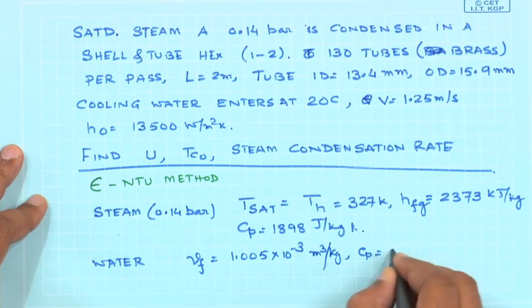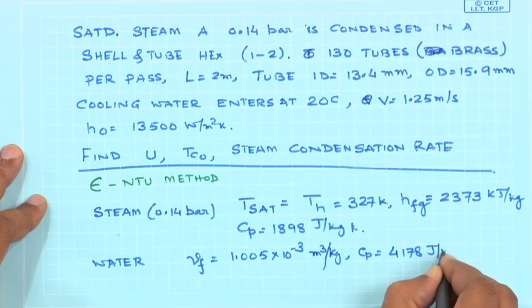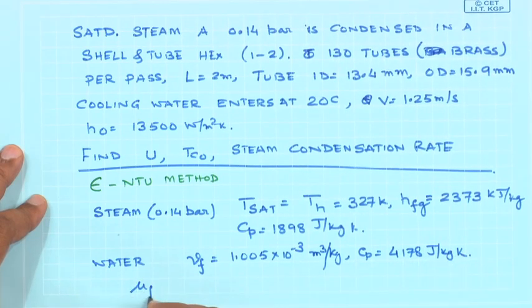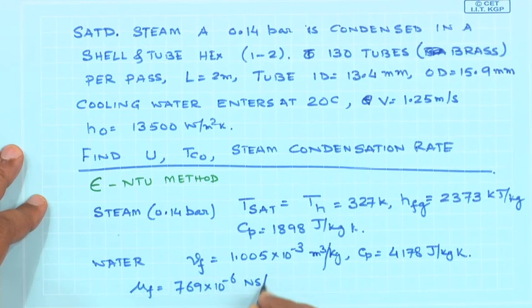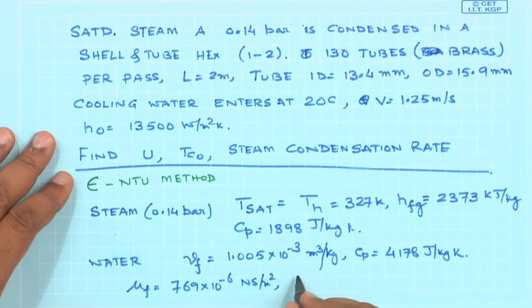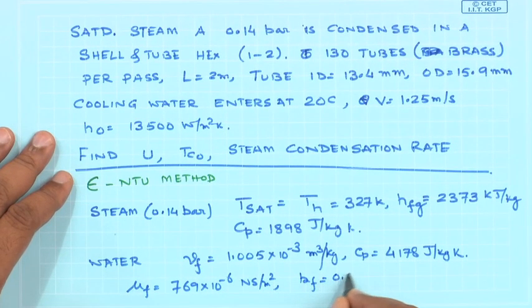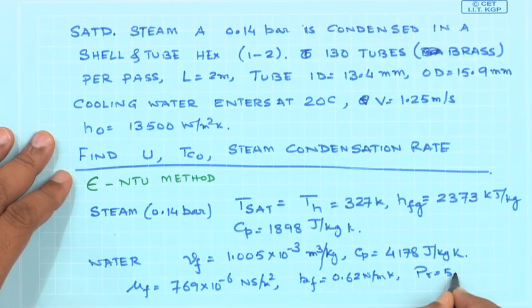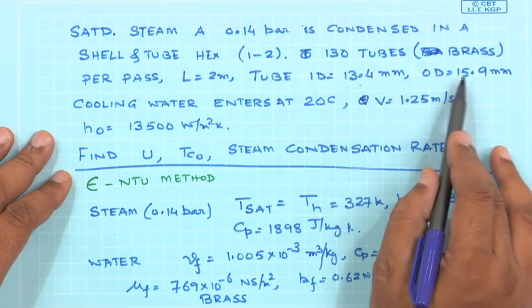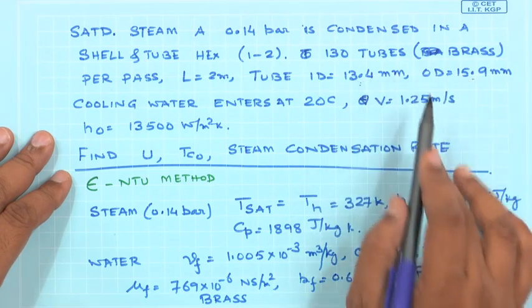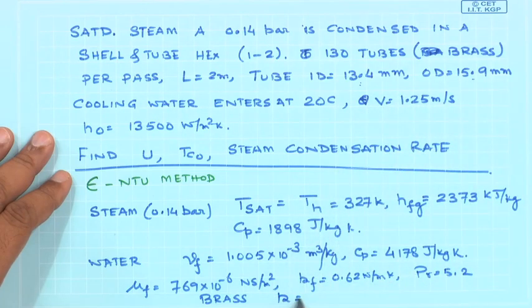The value of Cp, the viscosity, the thermal conductivity, the Prandtl number, and brass, which is the material of construction of the tube, and there is significant thickness of the brass. It is not a very thin tube. The thermal conductivity of the brass is 114 watt per meter per Kelvin.